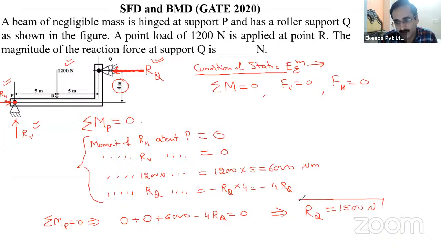So this is the answer of this question: the reaction at point Q is RQ, which is 1500 Newton. Let us take one more question.